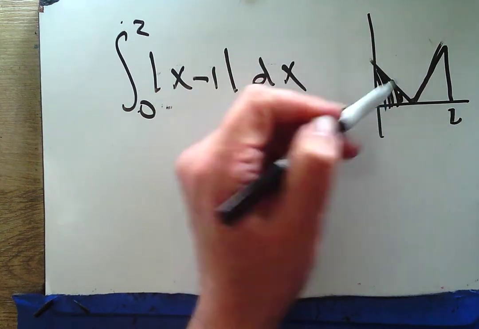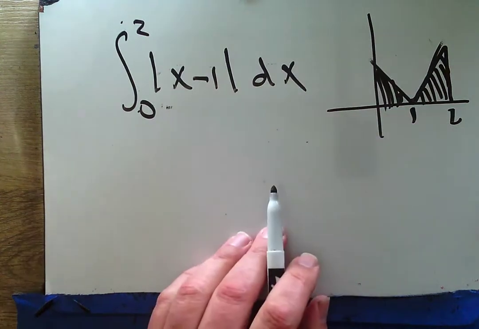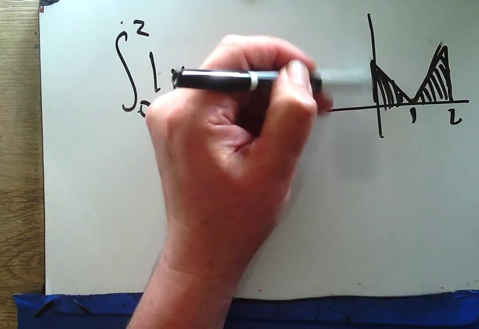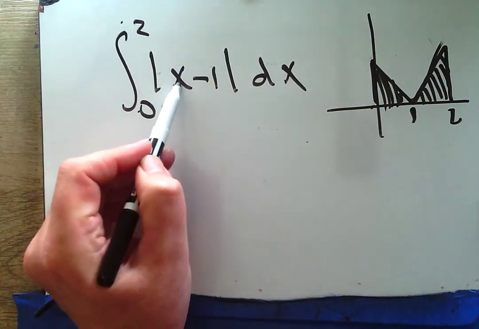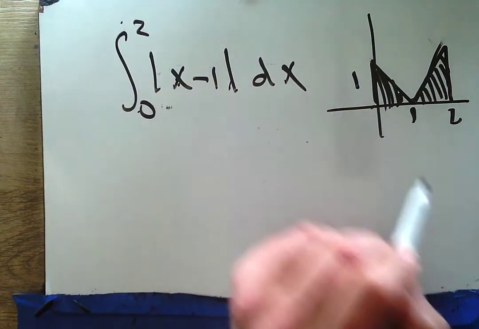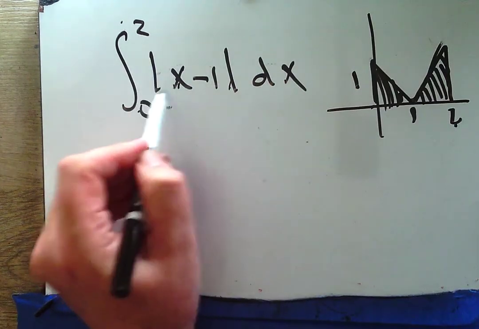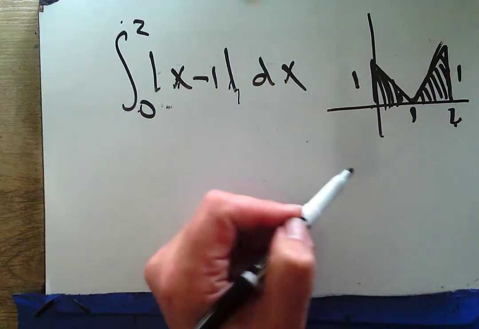Oh, 2 triangles. There's 1. Well, how high is this? If I plug a 0 in here, 0 minus 1 is negative 1. Absolute value of negative 1 is 1. If I plug a 2 into this, 2 minus 1 is 1. Absolute value of 1 is 1.